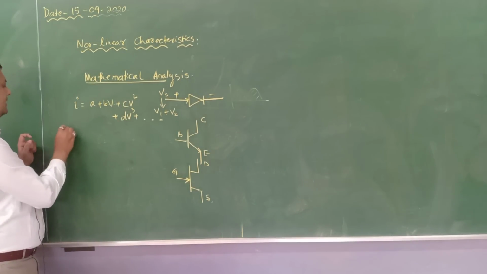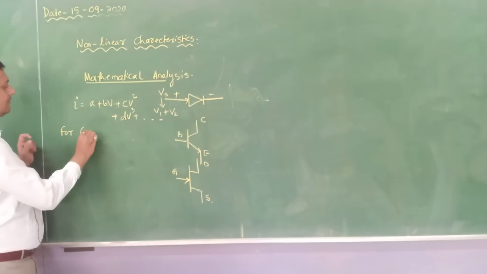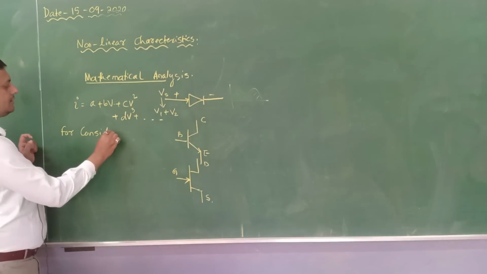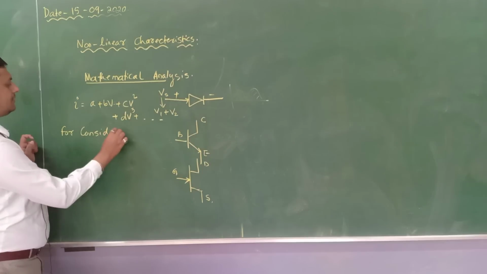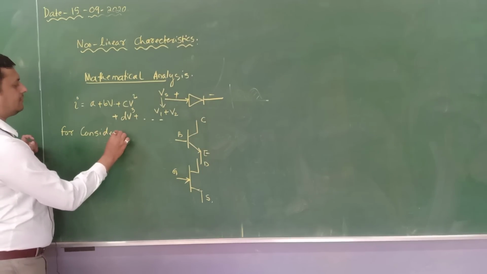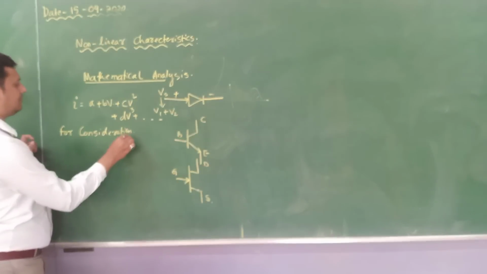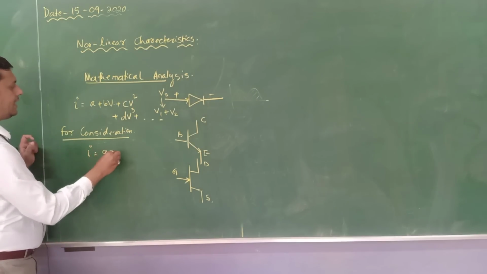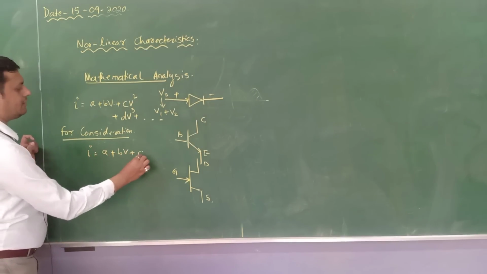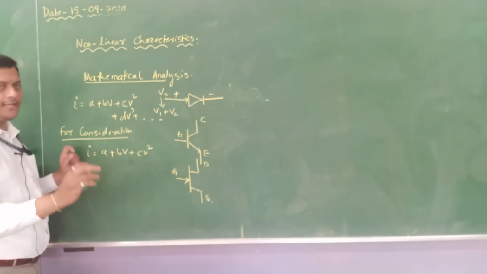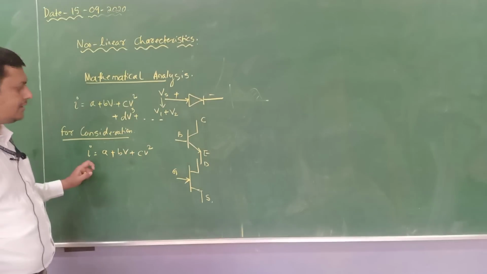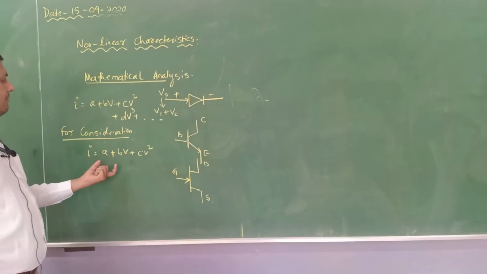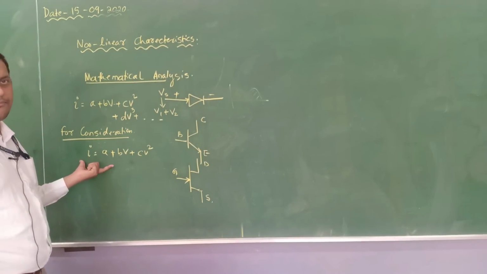For consideration purposes, I equals A plus BV plus CV square, neglecting the higher components.